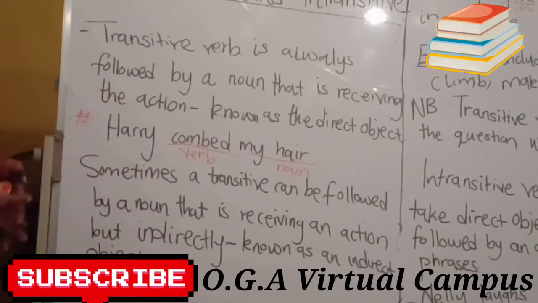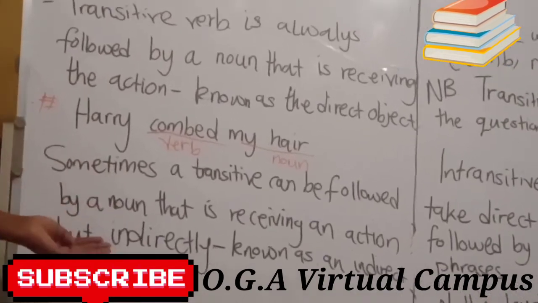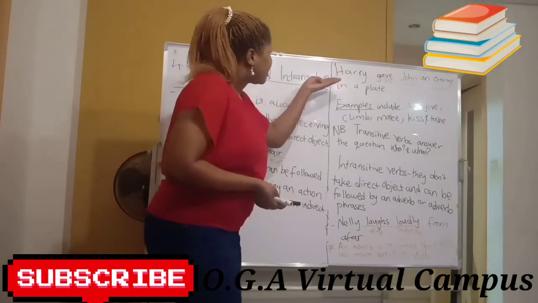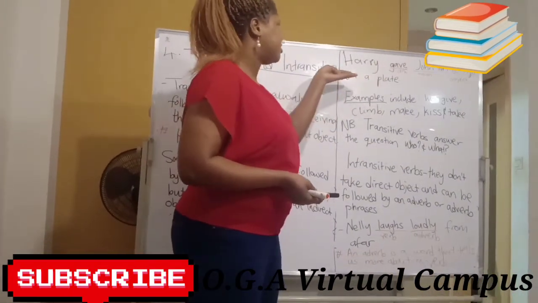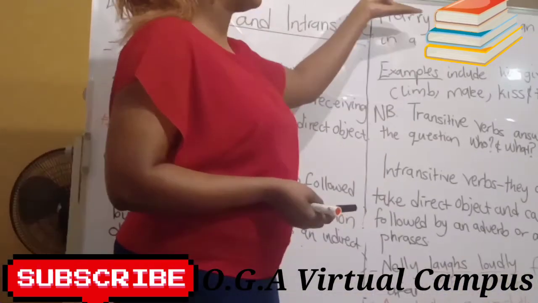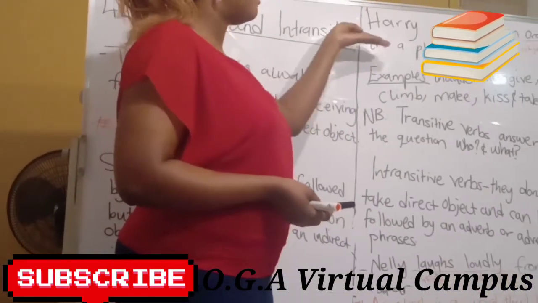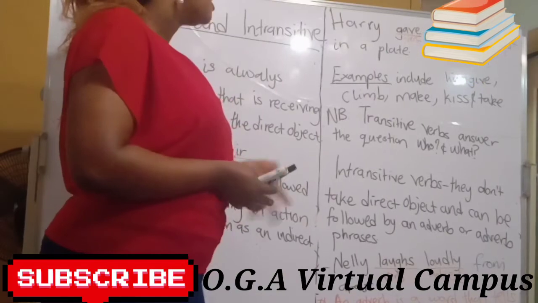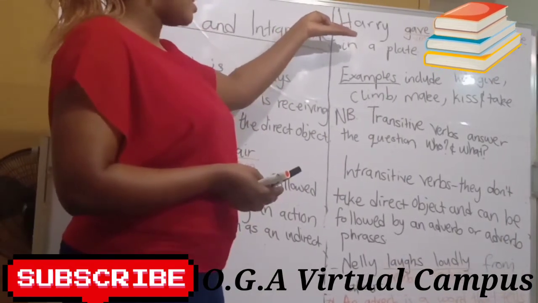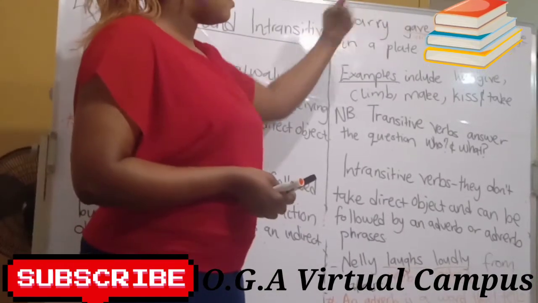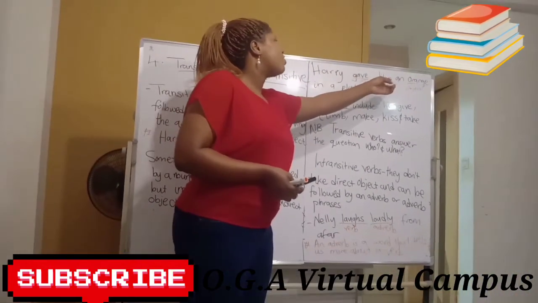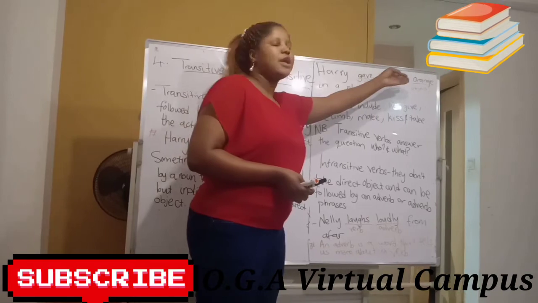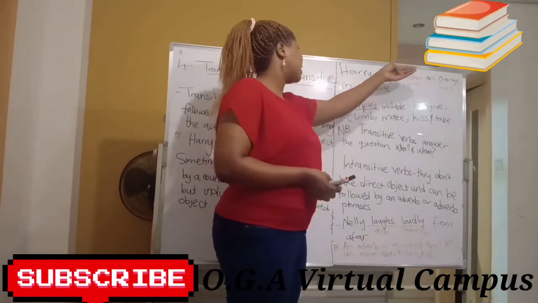Now, I have an example for you to clarify this one. Let's read together. Harry gave John an orange in a plate. Okay? So from this sentence, we can see that gave is our verb, and our noun is John, and an object is an orange. Okay?